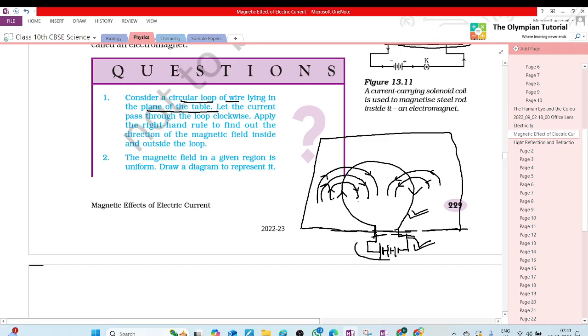So here, inside the loop, it is going downward. So you will write the statement: pierces inside the table, and outside the loop it is coming upwards from the table, appearing to emerge out from the table.